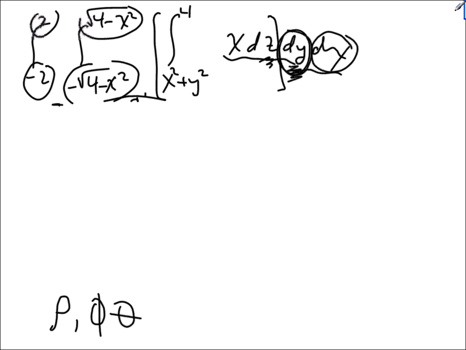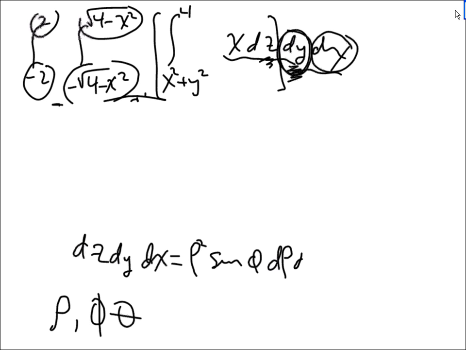In spherical coordinates, it turns out that dz dy dx, or any order, is equal to rho squared times the sine of phi times d rho d phi d theta. And it also turns out that x is equal to rho sine phi cosine theta.